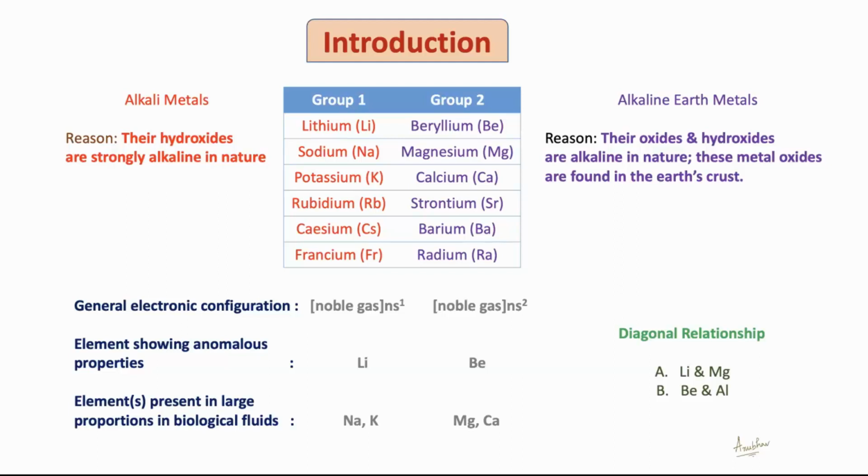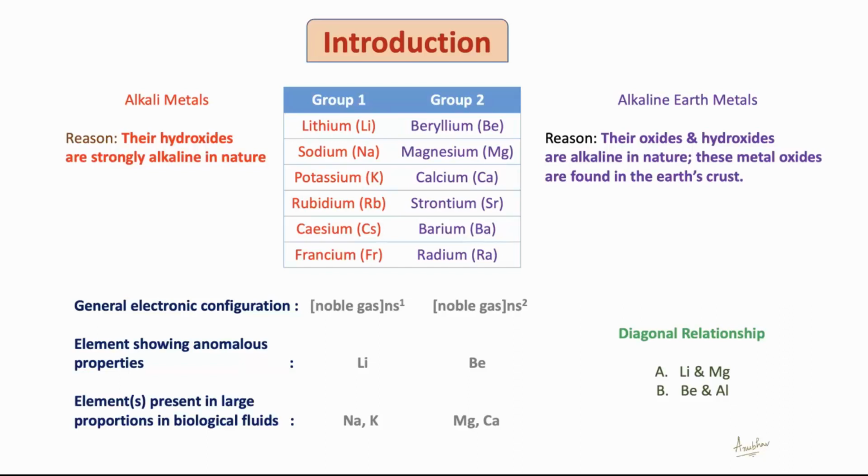Among all these elements, if we consider only group 1, lithium is the one element that shows some properties that are not shown by the other elements of the same group, like sodium, potassium, rubidium, cesium, or francium. And lithium shows some properties that are not shown by them.